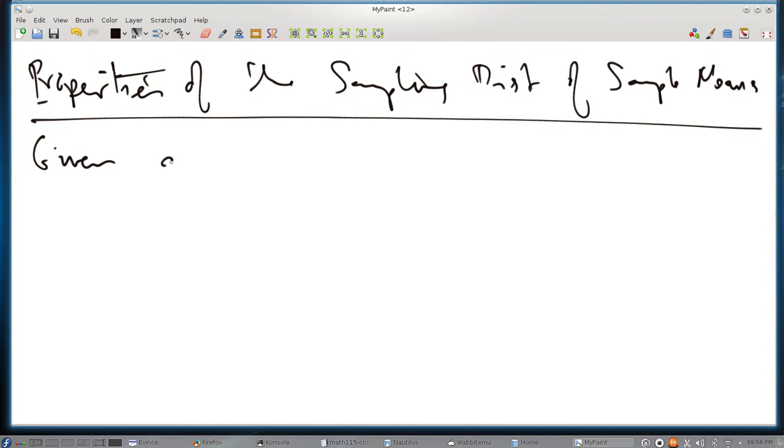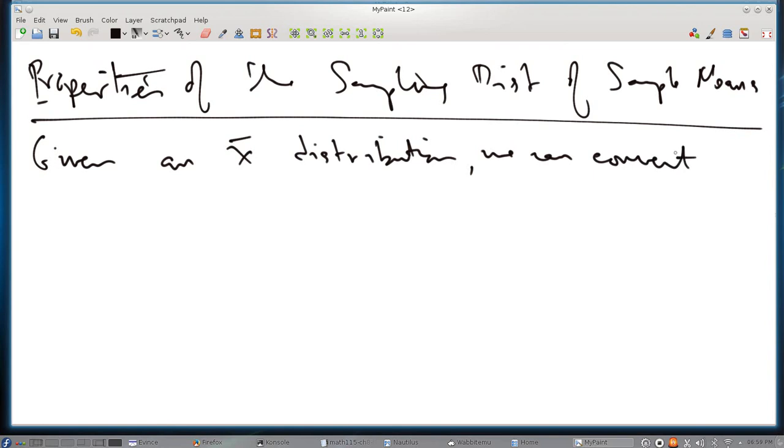Given an X bar distribution, we can convert it to the standard normal distribution.